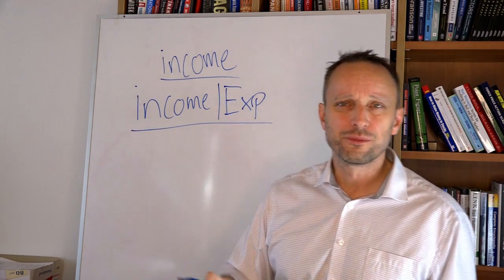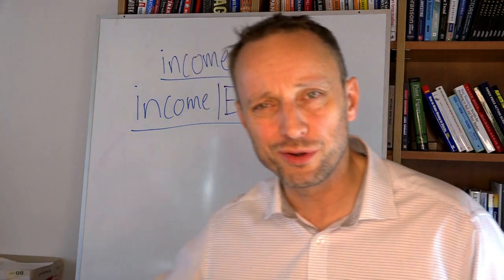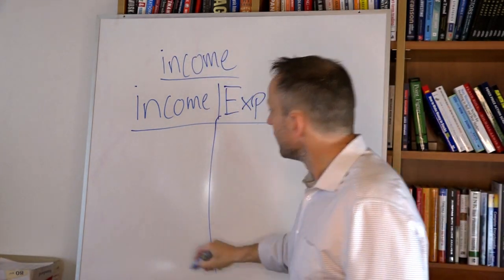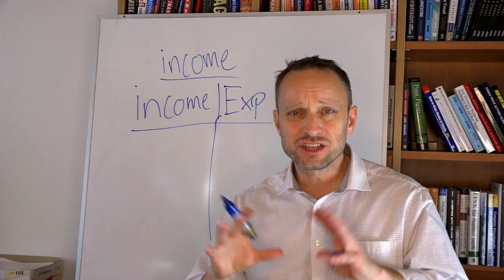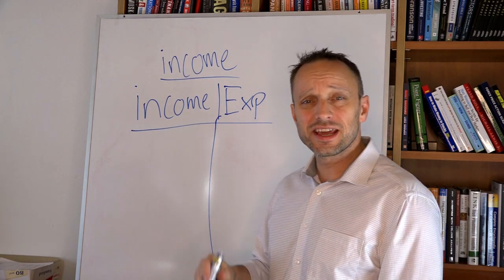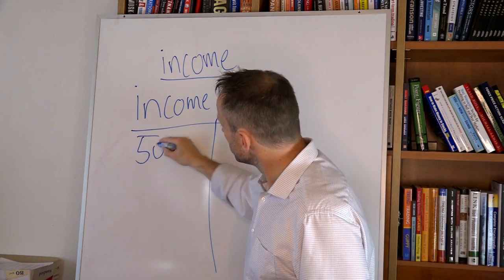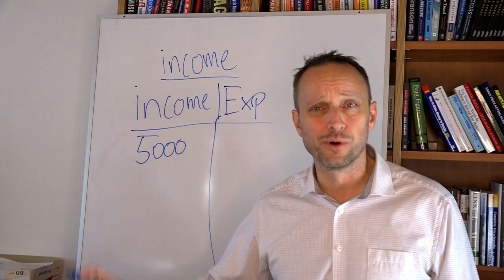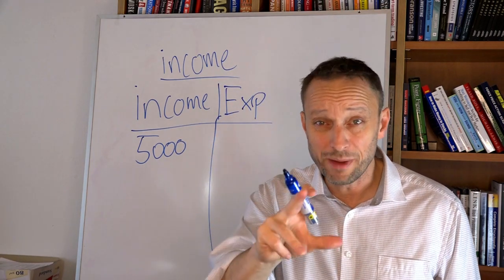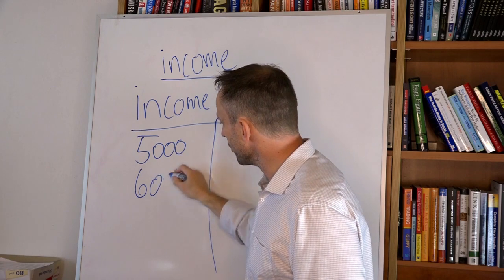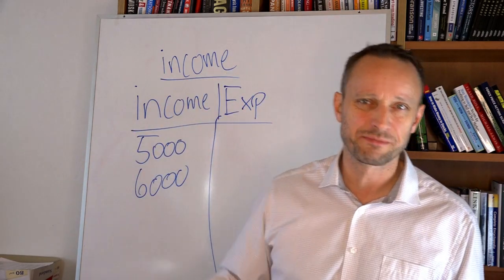You know that from your own budgeting and your own personal bank account, I suppose. Let's say, and this is the worst case of course, that you earn $5,000 every single month, but you spend $6,000 on all sorts of expenses.